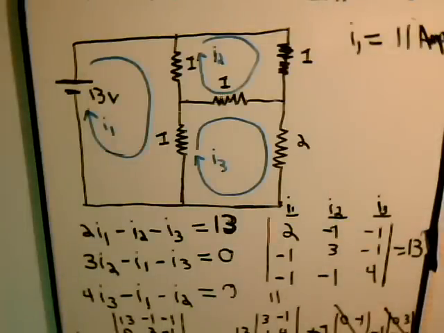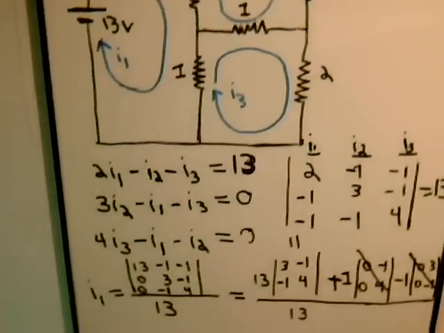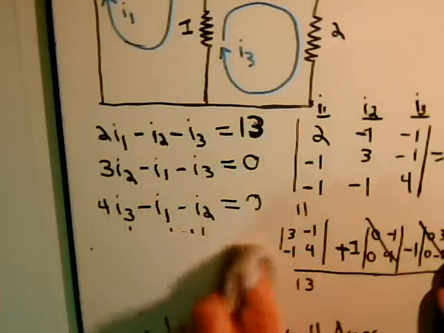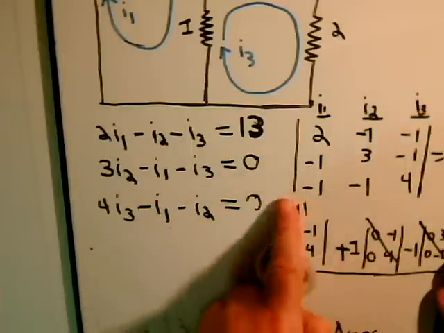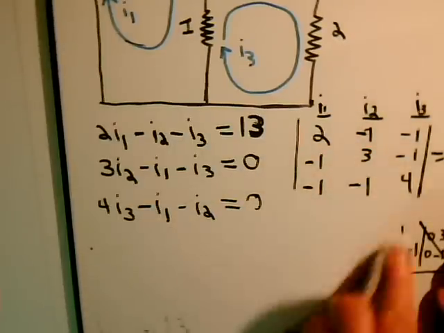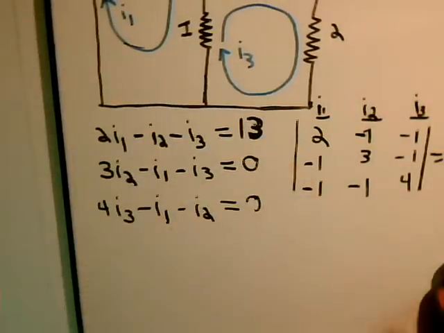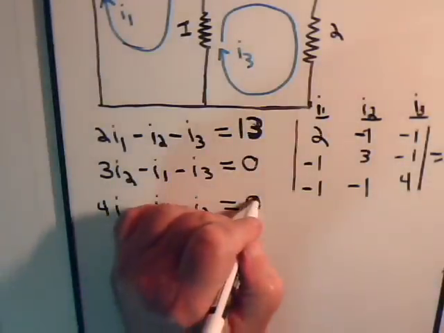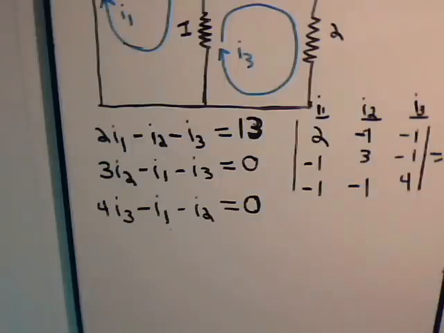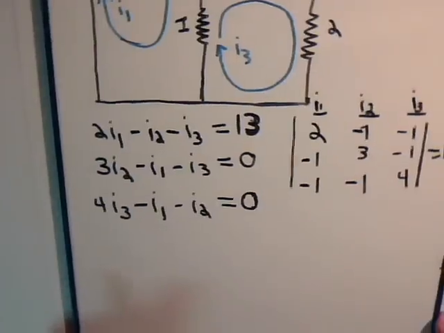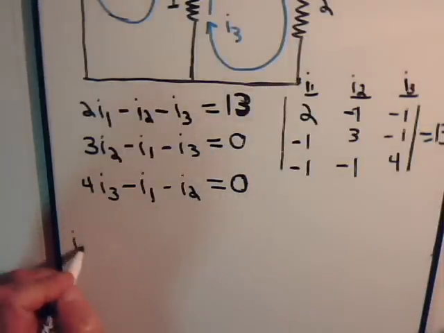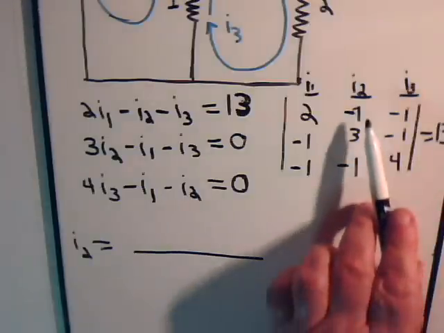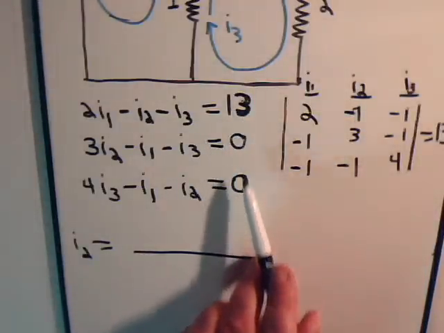Okay, that was pretty straightforward. Let's see if we can quickly determine I2 and I3. Now for I2, we replace this column with this column of numbers.